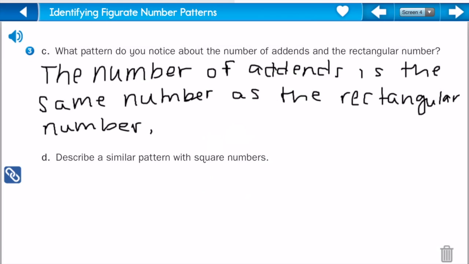So, for example, 30 is the fifth rectangular number, and it has 5 addends.